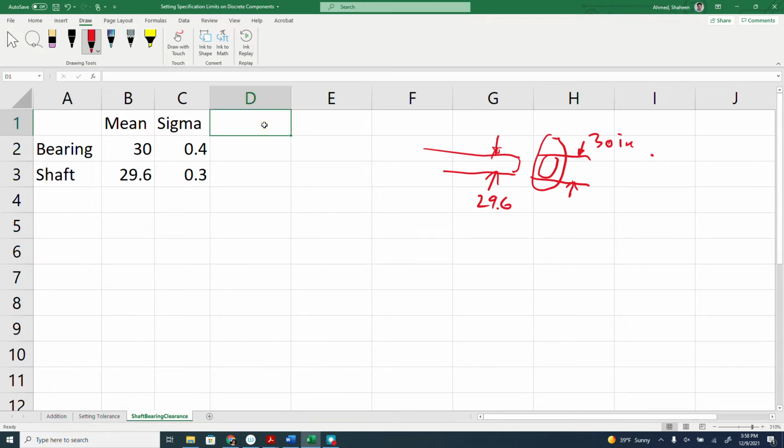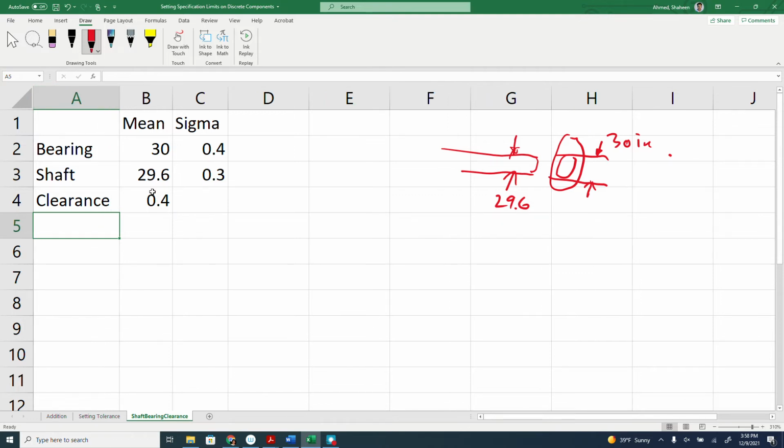First you have to find out the total variance. Now remember, variances only add, you don't subtract them. So even though we find the clearance by subtracting, the mean clearance between the bearing and shaft in this case is this. So that's the mean clearance. Now it will have interference if it's less than 0. We need to find the sigma for these total components.